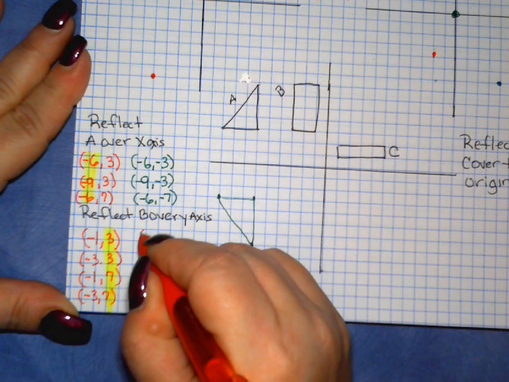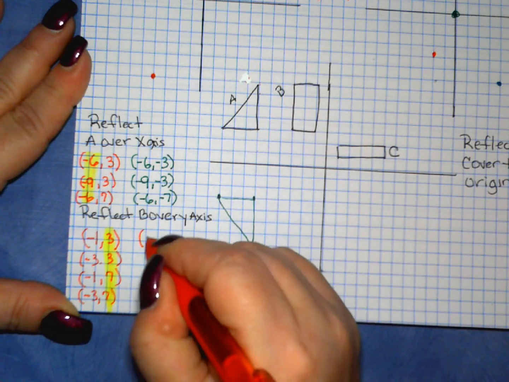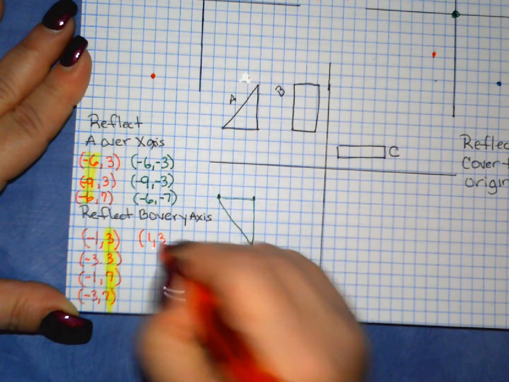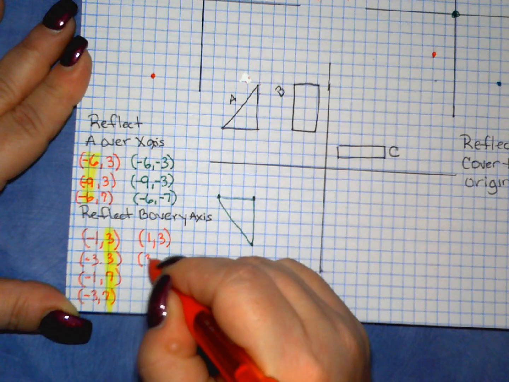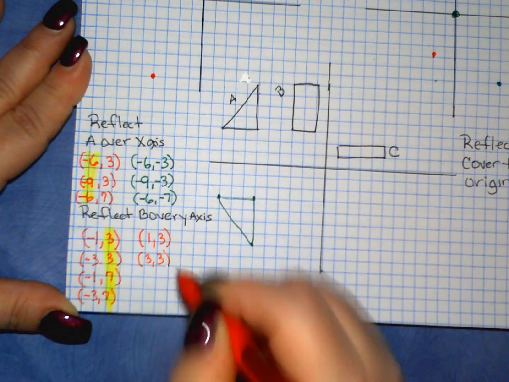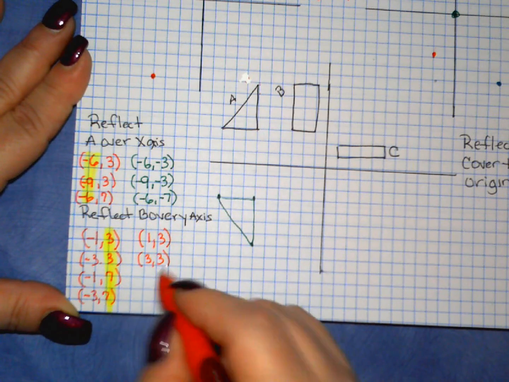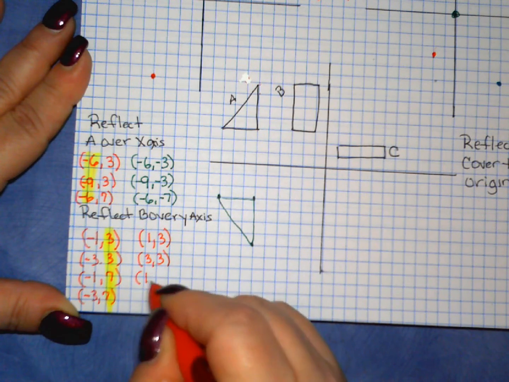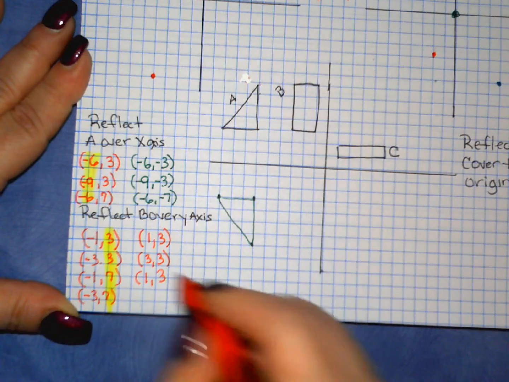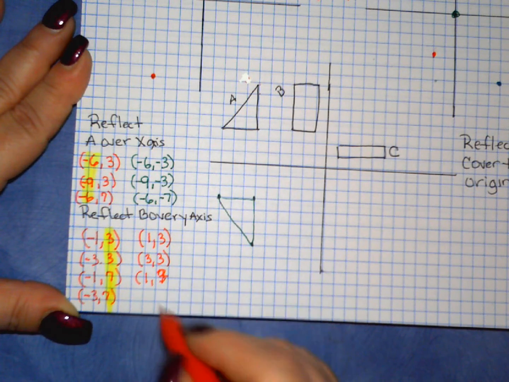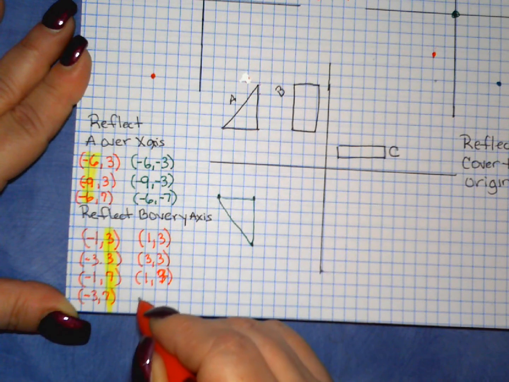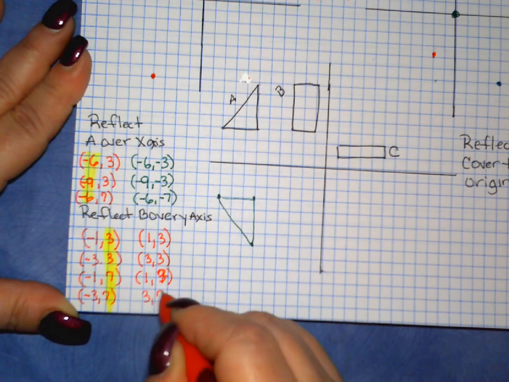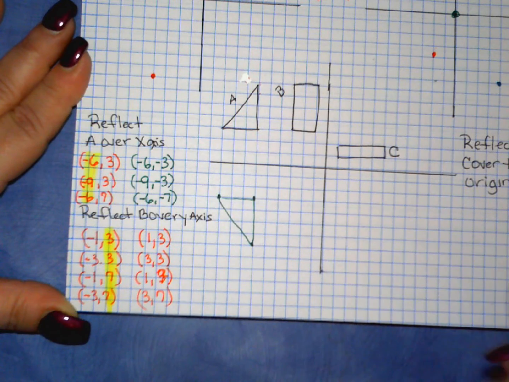I'm going to change -1 to 1, 3. -3 to 3, 3. -1 to 1, 7. I'm sorry, I got in the habit of saying it. And then -3, I'm going to change to 3, 7. Those are my new points, and now I'm going to go and draw it.